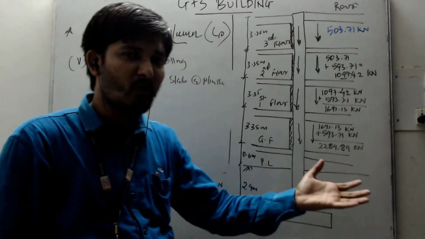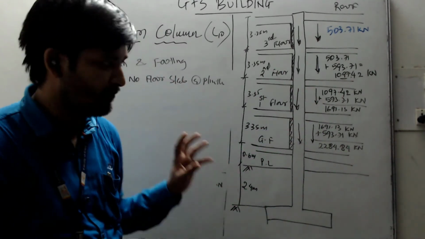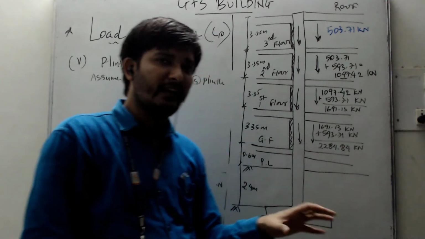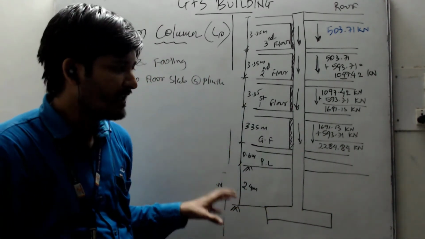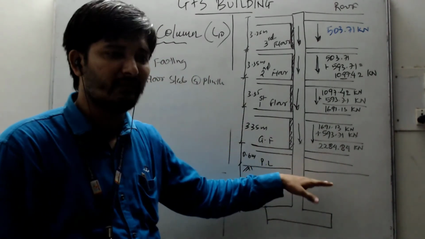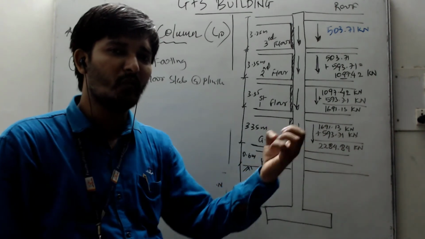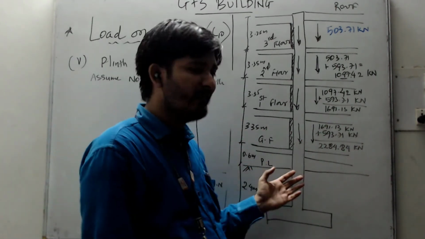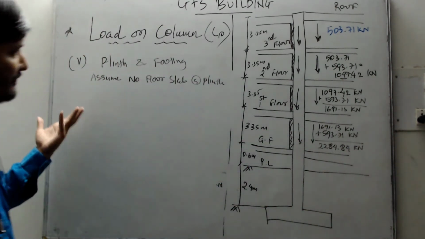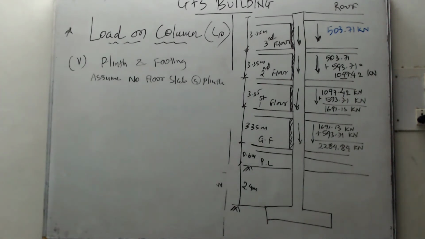When you go in the shopping malls or very high-rise buildings where car parking is there, in that case we cast slabs at the plinth level to carry the load of the heavy vehicles. So here we are assuming that we are not casting any floor slab at plinth. If it is there, you need to calculate the load of that also, and you need to do the design of that slab also, right?